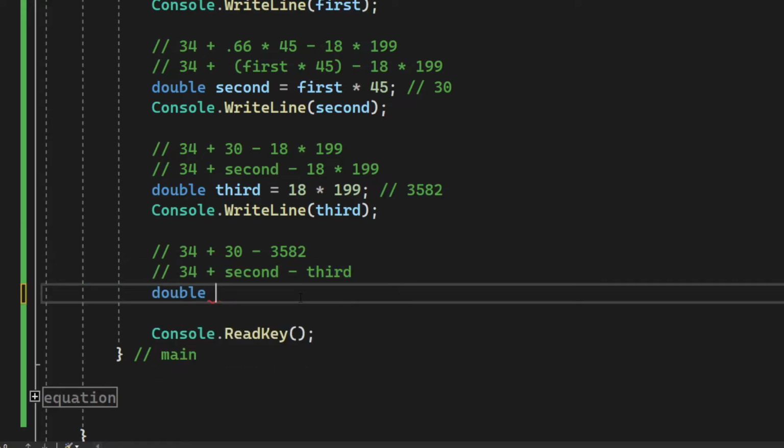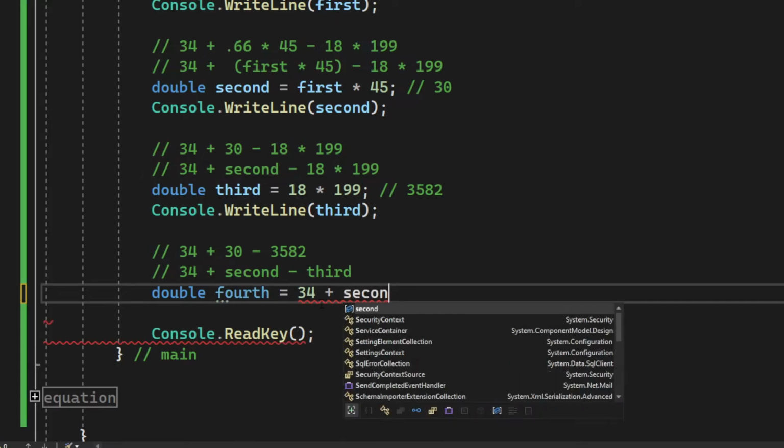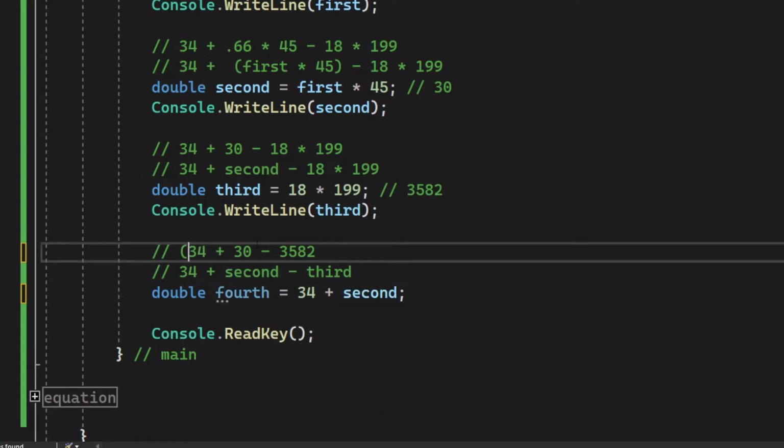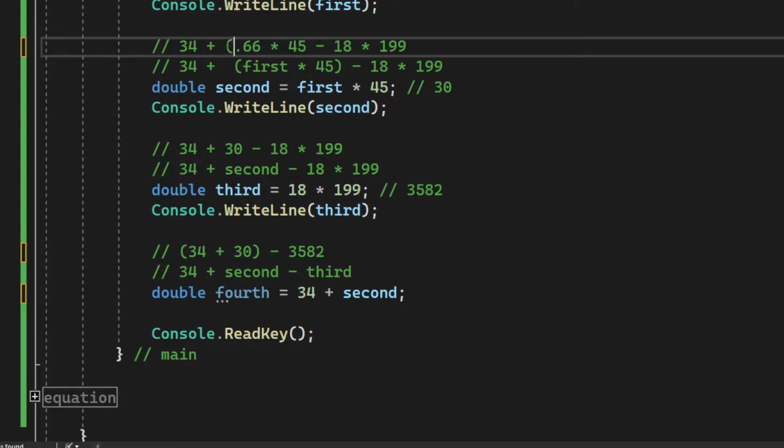So now we're going to do our fourth operation equals, now we've gotten rid of all the division and multiplication, so we're just going to do the plus. The first plus is going to be 34 plus second. My apologies, we will go ahead and make sure this is all wrapped properly so you can see it.